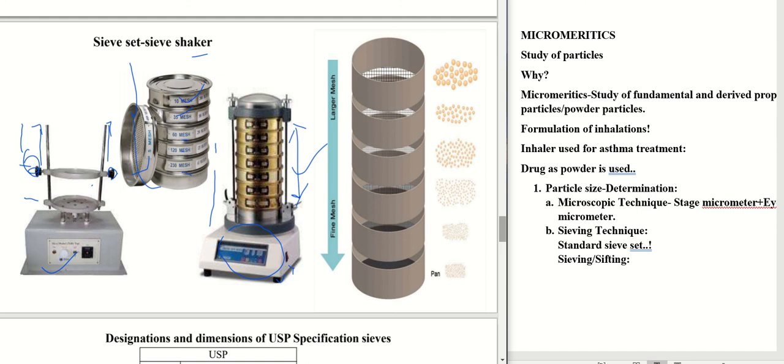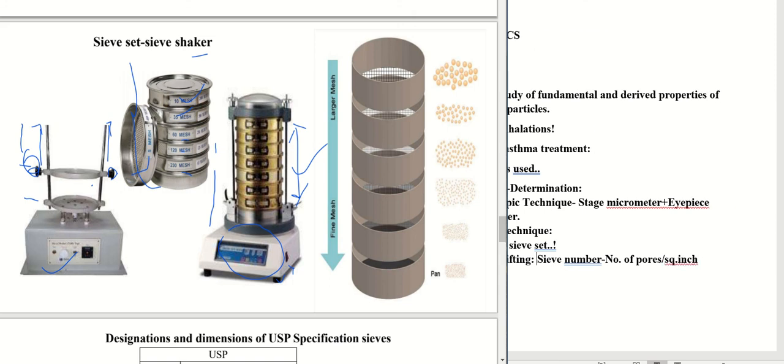The sieve number indicates the number of pores per square inch. Very simple.